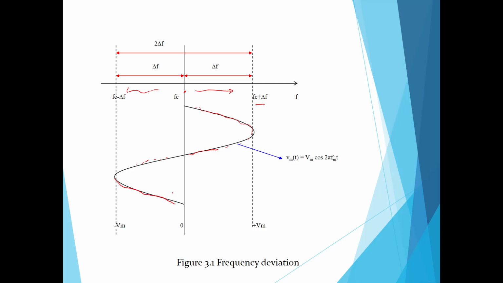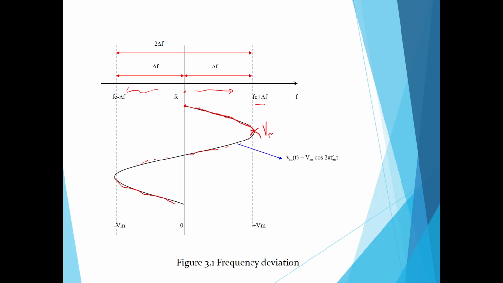So starting from the rest frequency Fc, the carrier frequency changes to the maximum frequency when the amplitude of the input message reaches the peak amplitude.